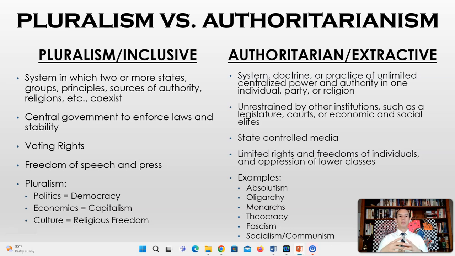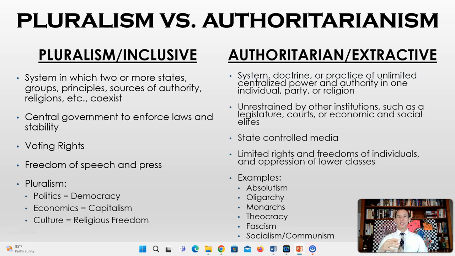It is the creation of institutions that are inclusive. That means it includes a lot. And when I say inclusive, that doesn't mean that everyone loves each other. It means they dislike each other, but there's so many of them that no one group, no one individual is able to get all the power.